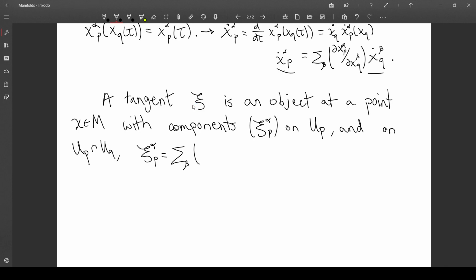Which is the same as above. And this partial derivative is evaluated at our point x beta q.